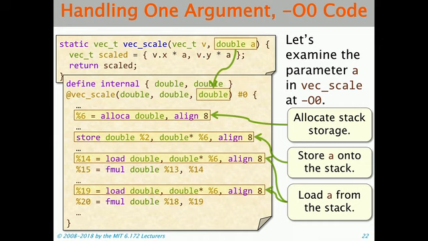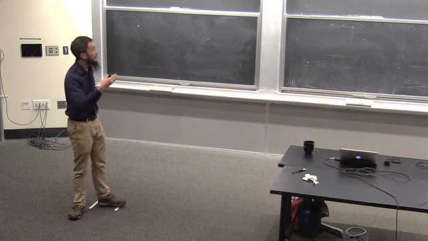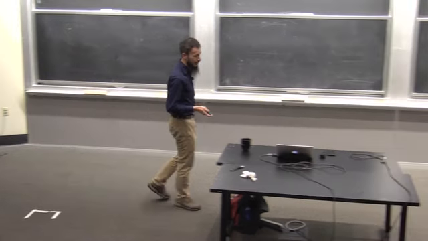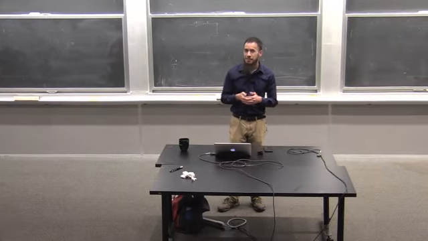And what we see is that within the vec_scale routine, compiled at O0, we allocate some local storage. We store that double a into the local storage. And then later on, we'll load the value out of the local storage before the multiply. And then we load it again before the other multiply. OK. Any ideas how we could make this code faster?